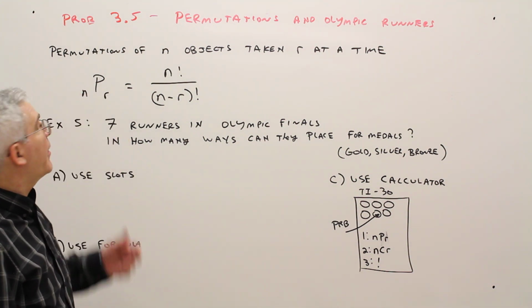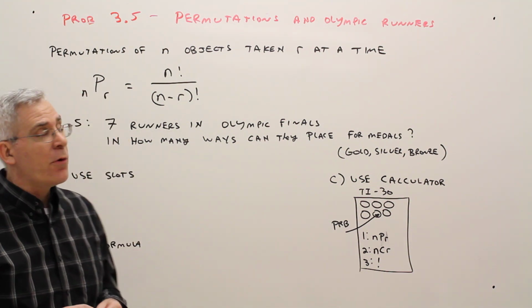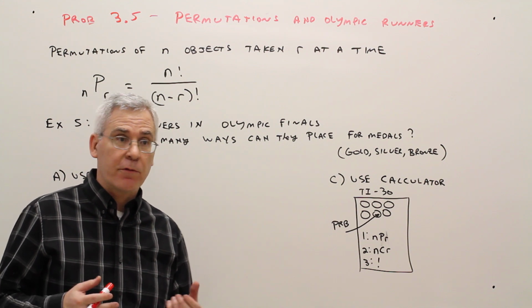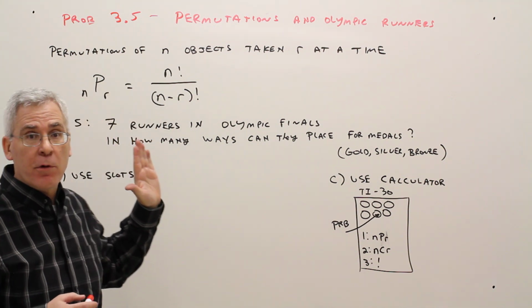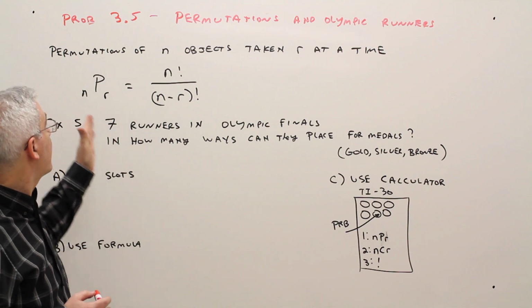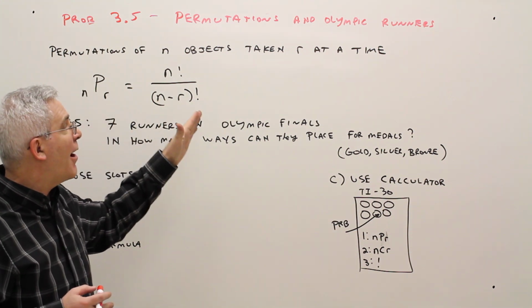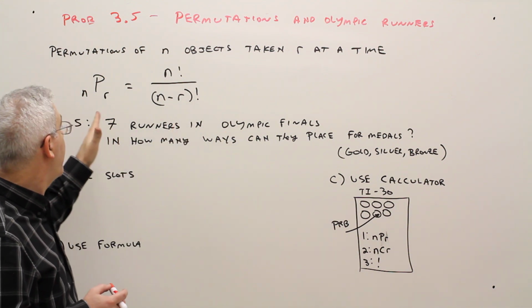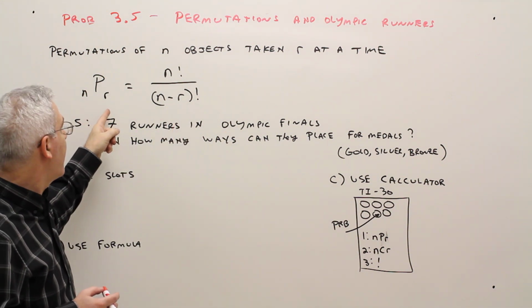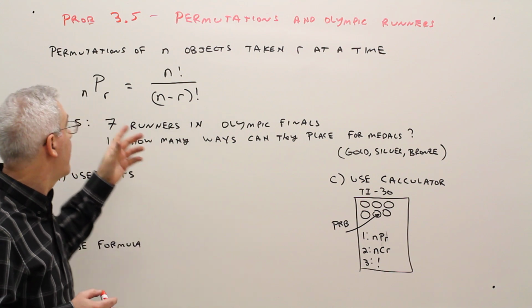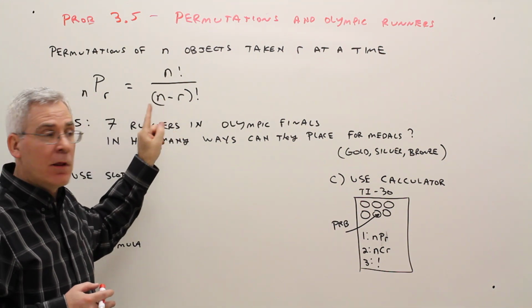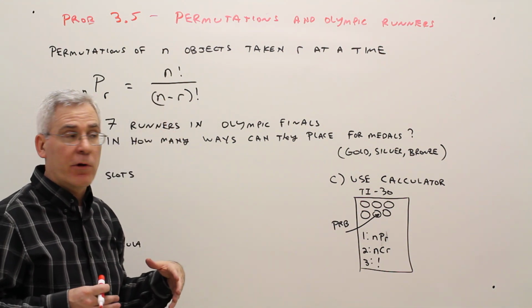Welcome to probability video 3.5, permutations in Olympic runners. All right, so let's define what a permutation is. A permutation of n objects taken r at a time is given by this formula. I call this nPr, kind of like National Public Radio, equals n factorial over n minus r factorial.